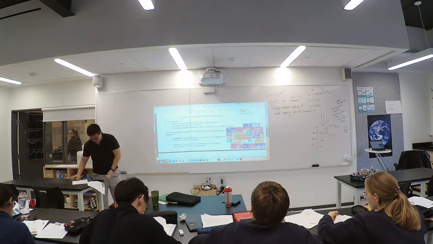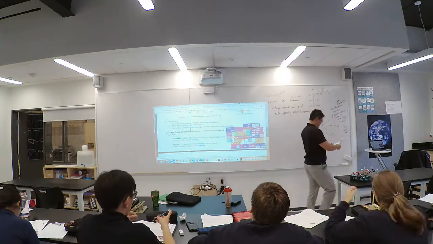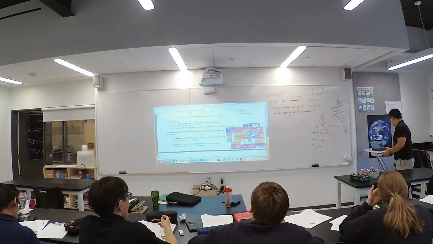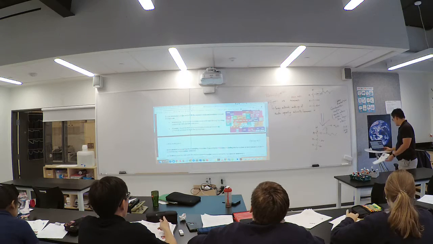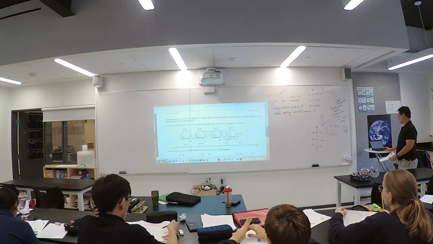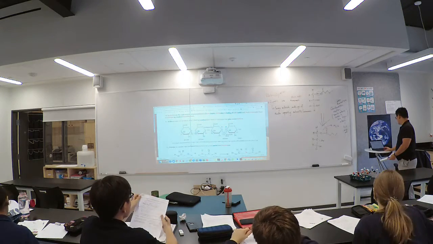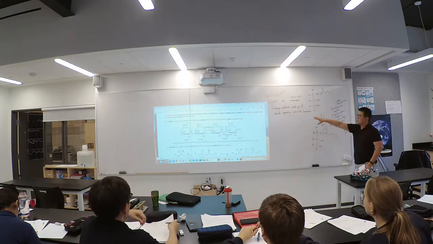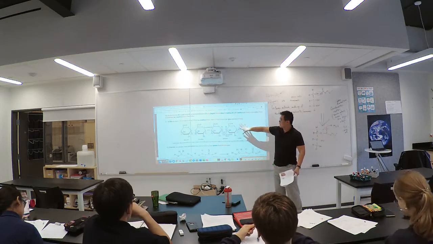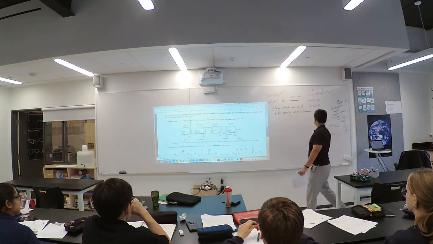Now, the other stuff, let me double check. The other stuff you can read, like what metabolism means and what enzyme means. That's not hard to understand. Now, anabolism is the forming of macromolecules, bigger molecules, by condensation reaction.